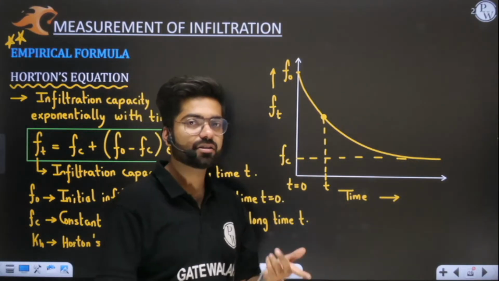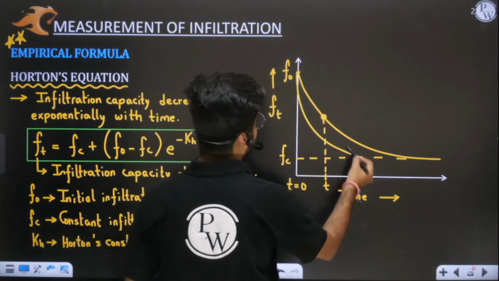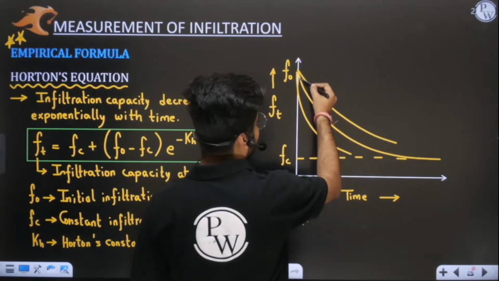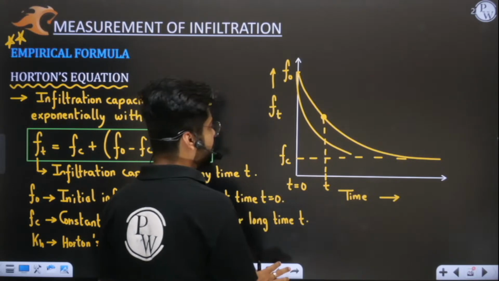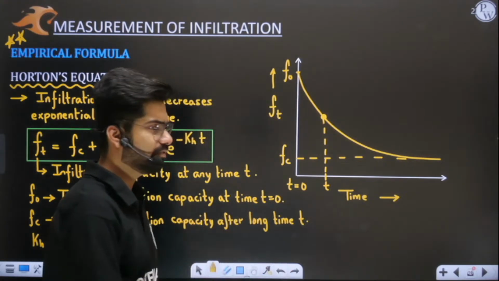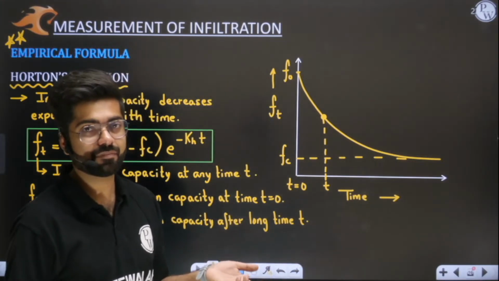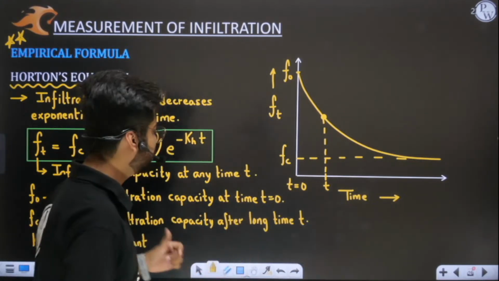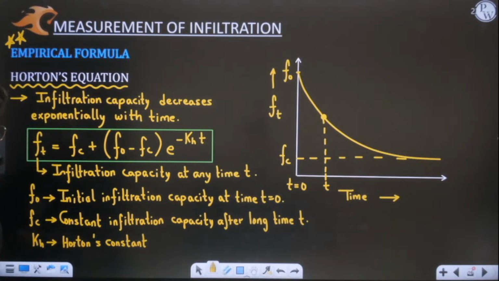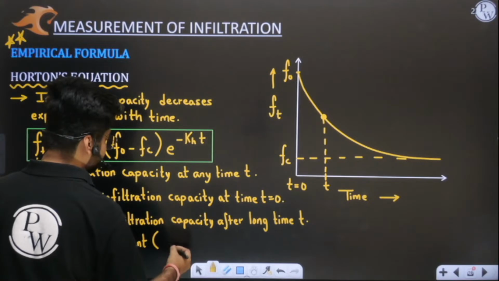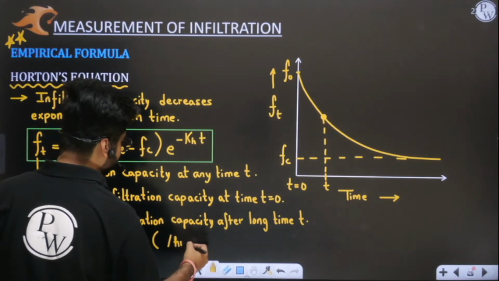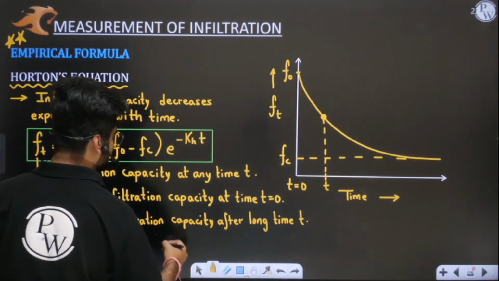So based on that, graph can go like this also, graph can go slowly also, graph can go in a moderate way also. So obviously if we have different characteristics of soil, different fabric of soil, different texture, then obviously this k thing will vary. So this k varies with type of soil. Okay, its unit is per hour. Basically it is time inverse unit.